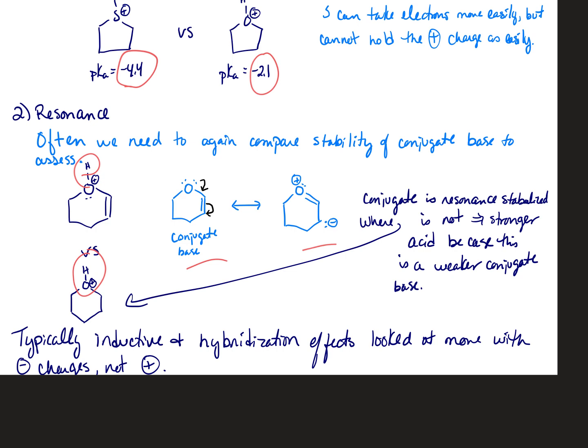If the conjugate base is resonance stabilized, where this one is not, then it's the strongest acid because the other is a weaker, not as stable, conjugate base. We typically see that inductive and hybridization effects look more at the negative charges, not the positive. So that's what we tend to see most often.